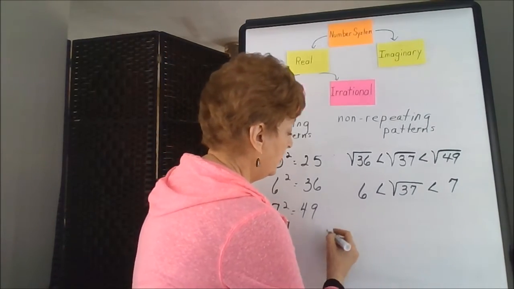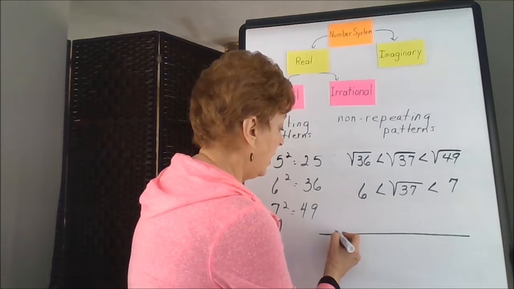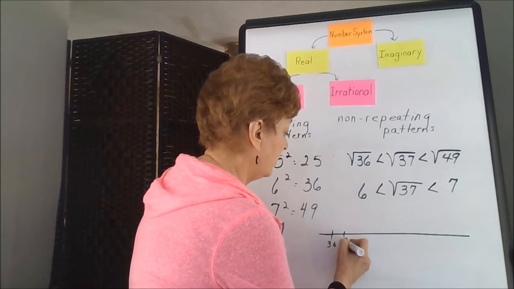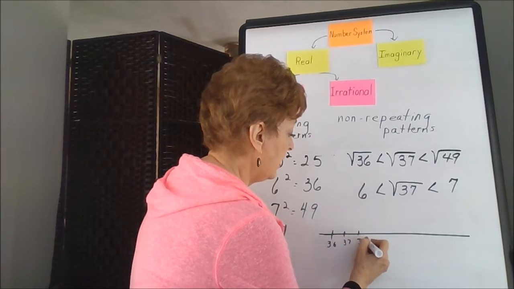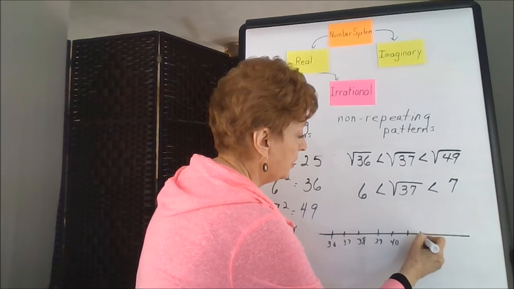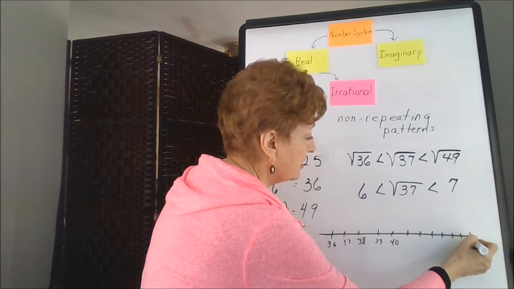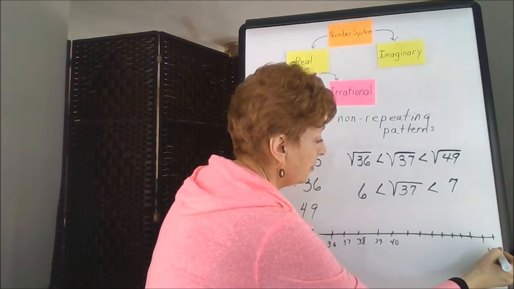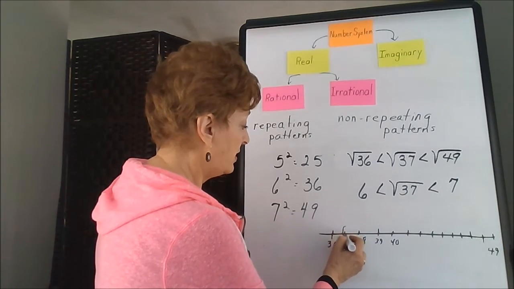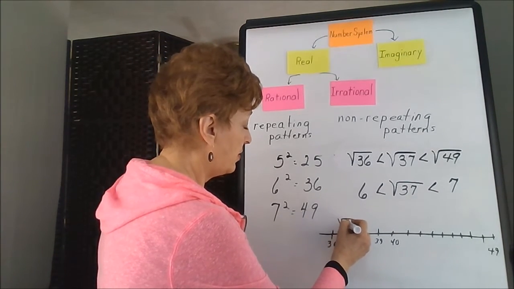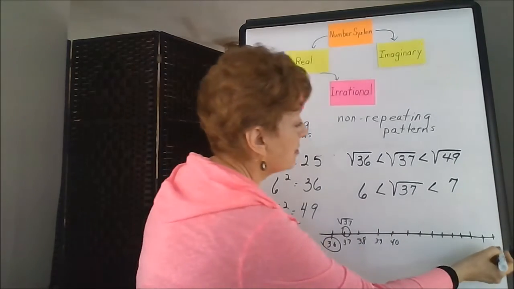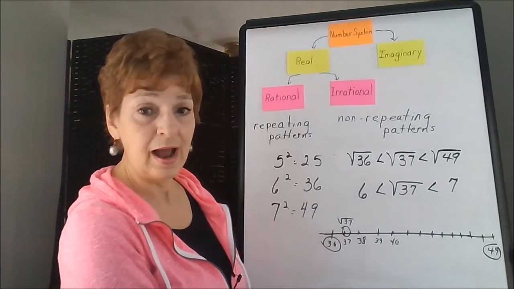If we were to think of this number line as, let's say, 36, 37, 38, 39, 40, 41, 42, 43, 44, 45, 46, 47, 48, 49 over here, we can clearly see that 37, the square root of this 37, is closer to the 36 than it is over here to the 49.